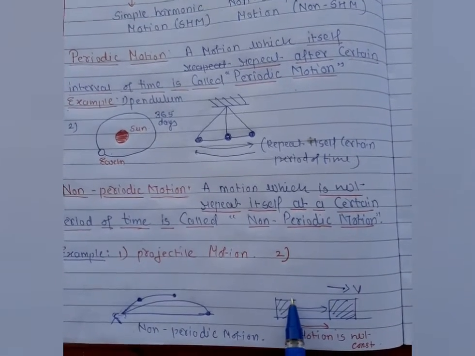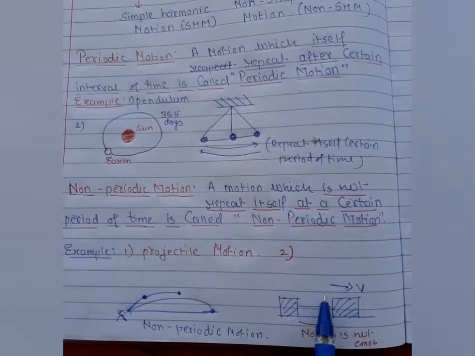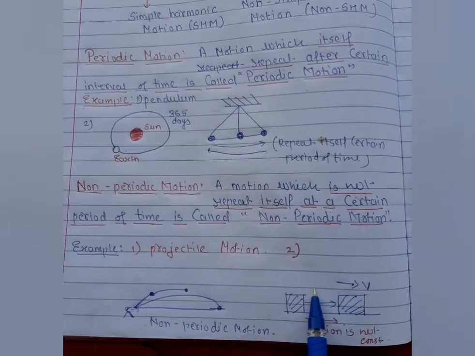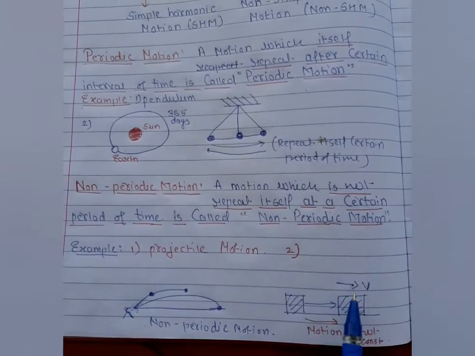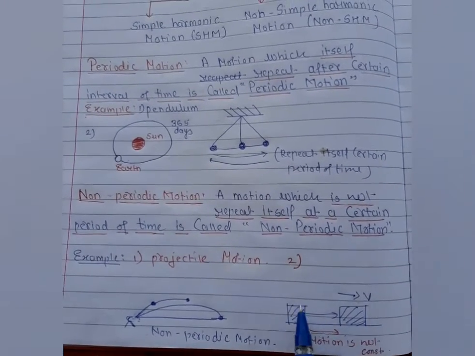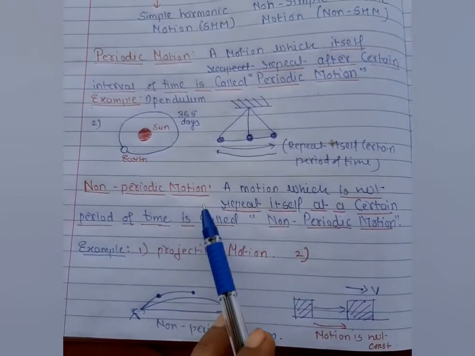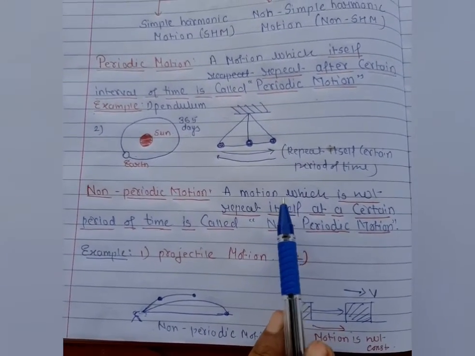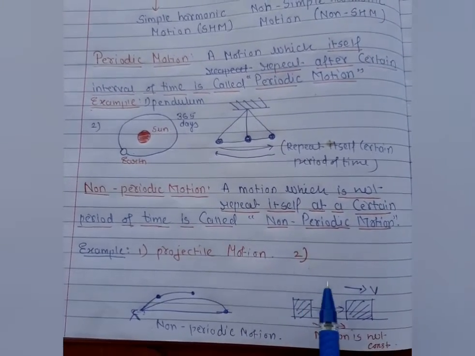It means when this body is moved from this position to this position, the velocity of this block is not constant from the initial to the final position. This type of example is talking about non-periodic motion. It means the motion which does not repeat itself after a certain period of time.